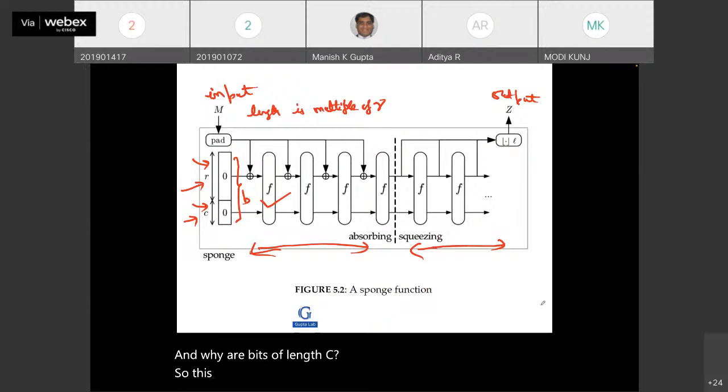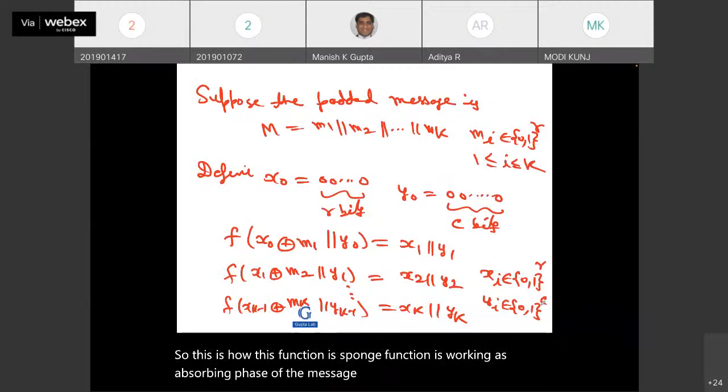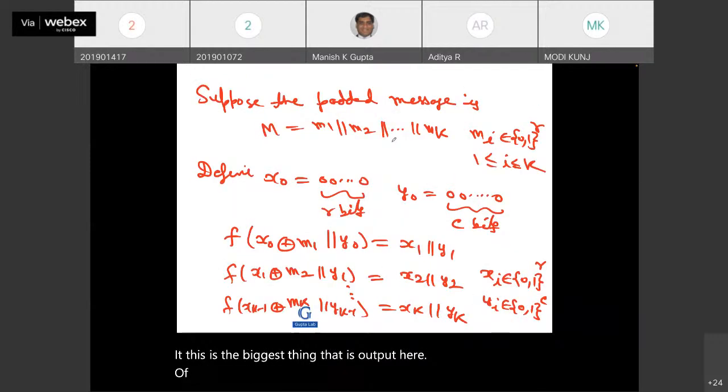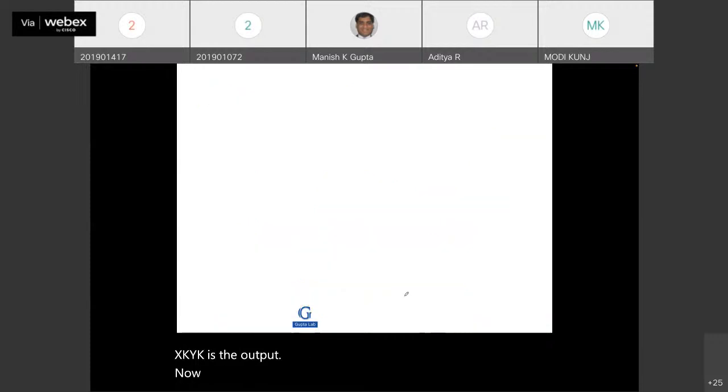So this is how the sponge function works as the absorbing phase of the message. Now, the bit string Xk Yk is the output of the absorbing phase. You can see that this output here is Xk Yk. Now there are two cases.